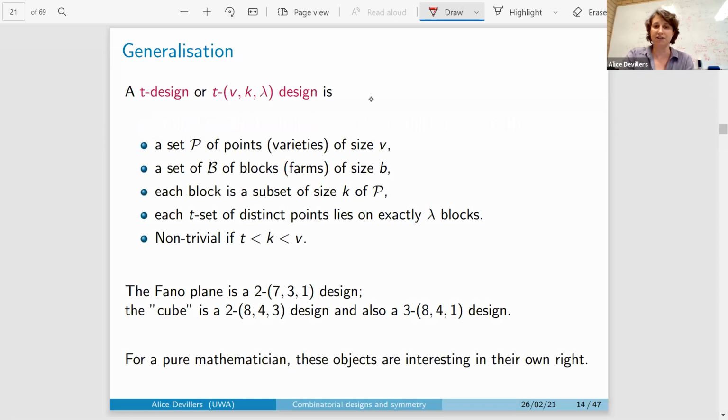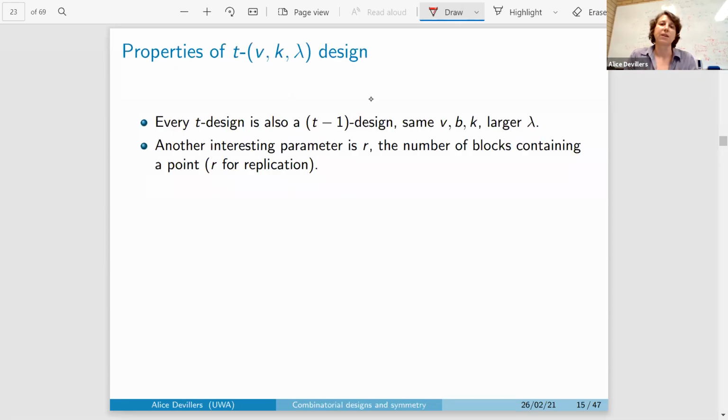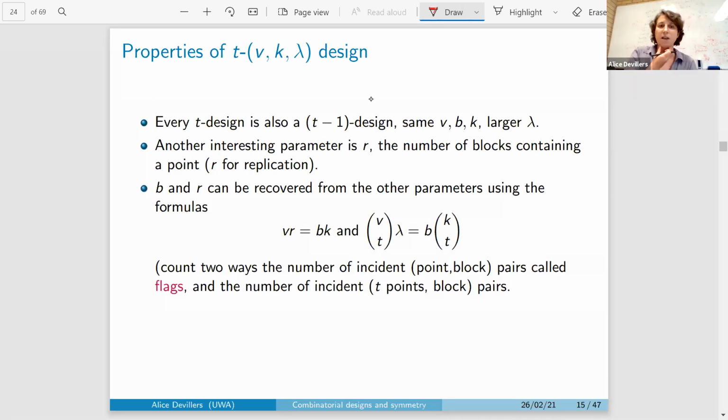That's why in this example, the cube is a 3-design, but also a 2-design. Another interesting parameter is r, which is the number of blocks containing a point. The letter r comes from the word replication, sometimes called the replication number. So it's the number of farms where your variety is planted. And this number r is the same for each variety.